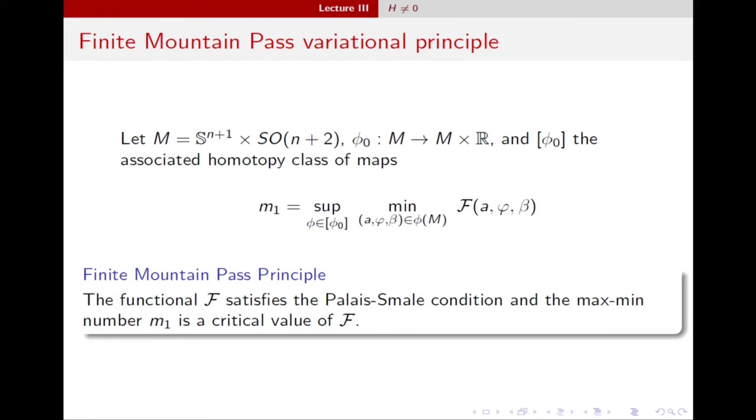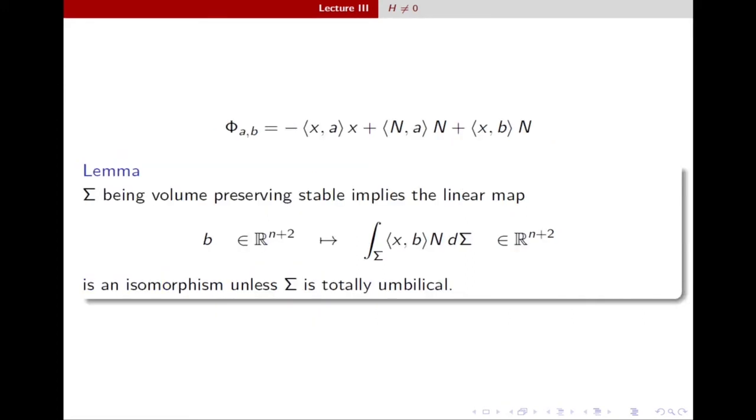So namely, if you have a sequence of points in which the functional is bounded and the gradients in norm are going to 0, then you want to make sure that you can extract a subsequence that converges. So it turns out that this Palais-Smale condition is true in our case, and the way we prove that is again by looking at the vector field phi, right? Because this vector field is essentially what describes a critical point when you integrate, right?